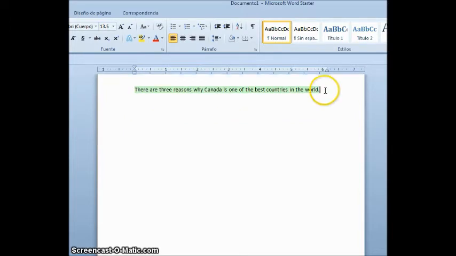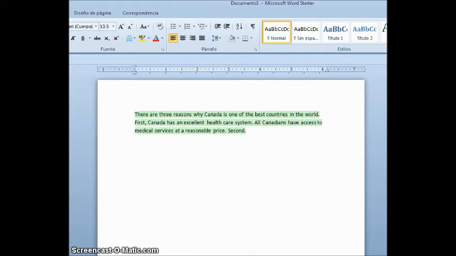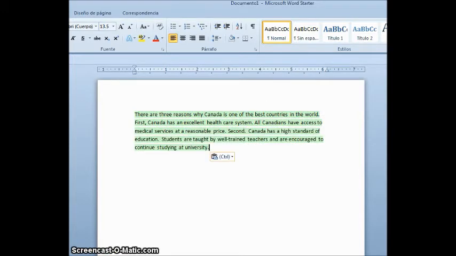The following is an example of a well-constructed paragraph, and in this opportunity, we will ask you to pay attention, especially to the last sentence of what you are going to read. So it says, there are three reasons why Canada is one of the best countries in the world. First, Canada has an excellent health care system. All Canadians have access to medical services at a reasonable price. Second, Canada has a high standard of education.